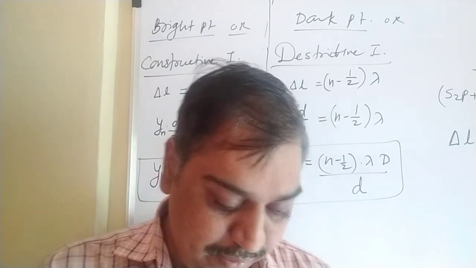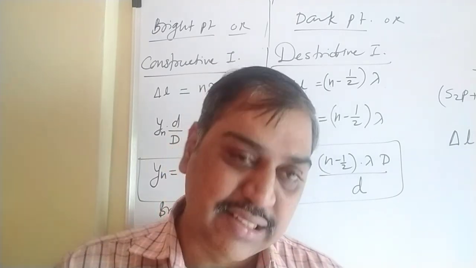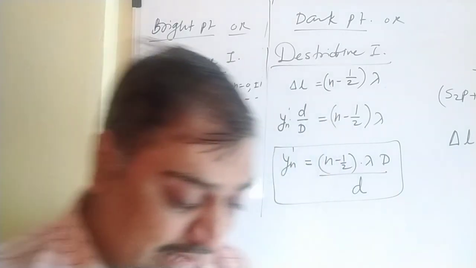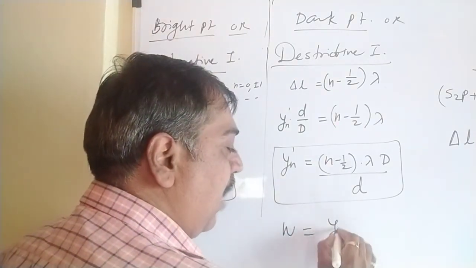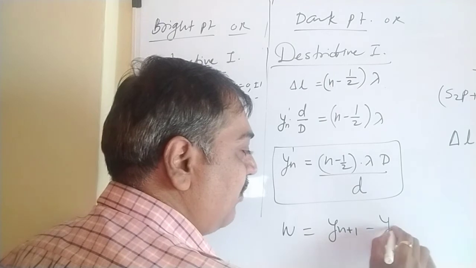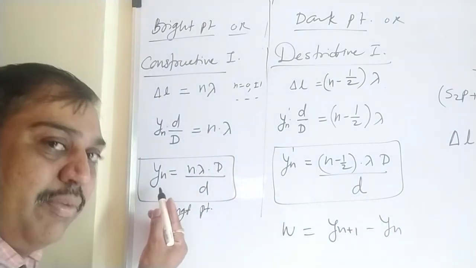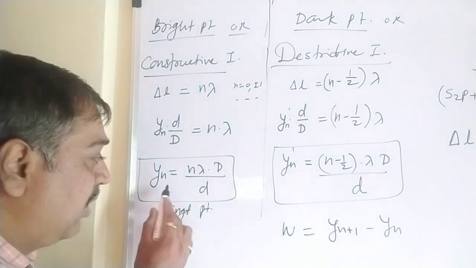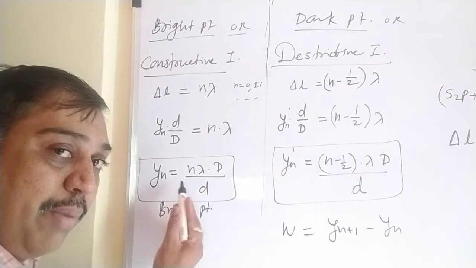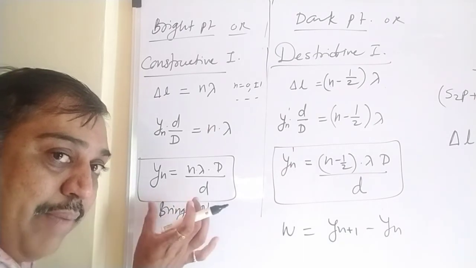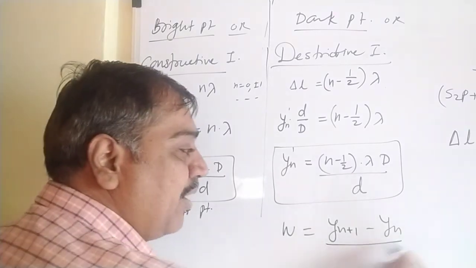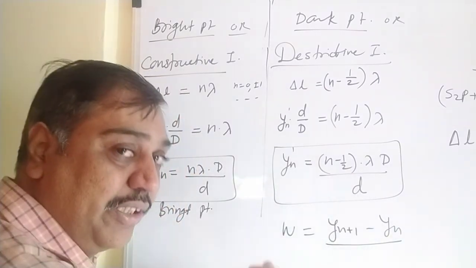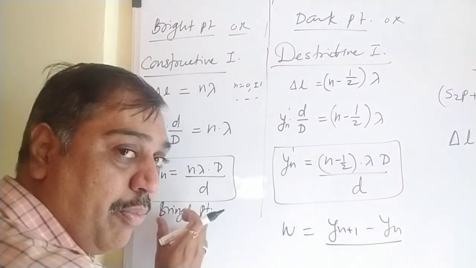That can be found by one mathematical formula, and that is said to be the fringe width, represented by W equal to yn plus 1 minus yn. Suppose this yn is a bright point or dark point. The next bright point is yn plus 1. So the distance between them, yn plus 1 minus yn, will give the distance between two consecutive bright points.